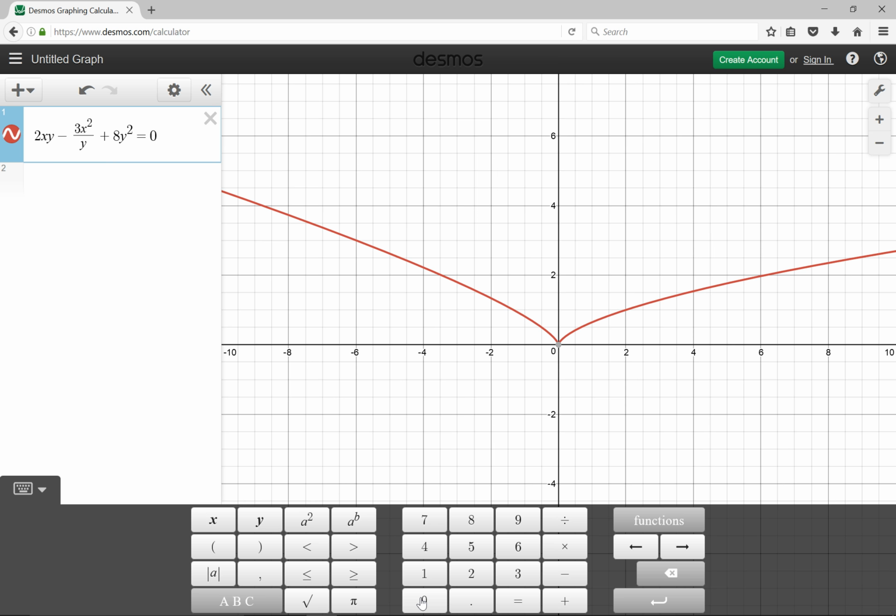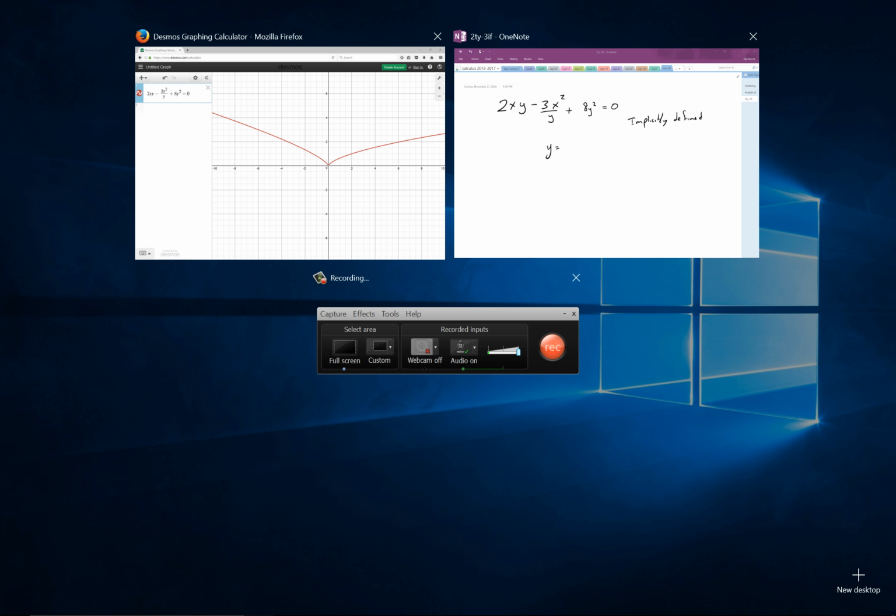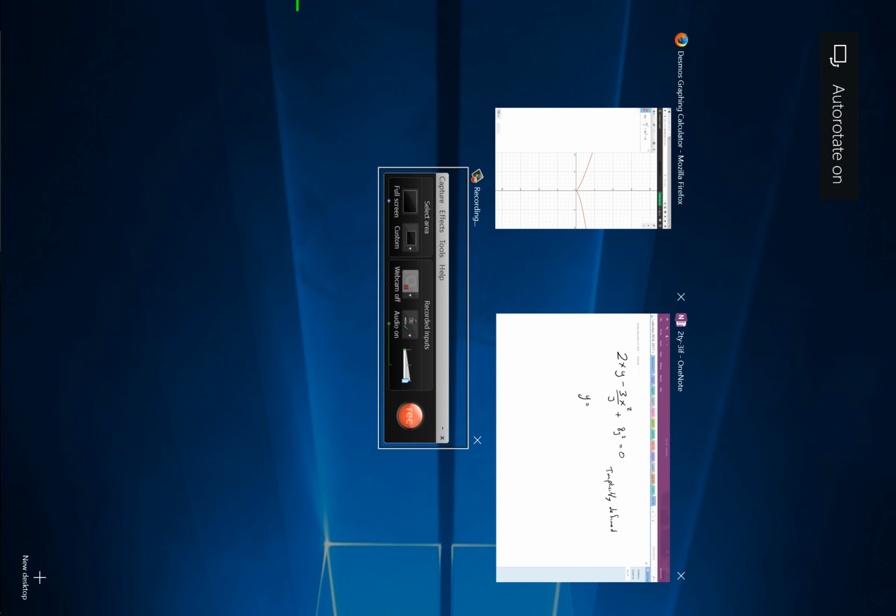Ta-da! Weird. I know, right? Well, what's interesting here is that when we do this problem, we could find the slope. And we could find it at any one of these points. So, for instance, right here, this point sure looks to be really close to right at 2, 1. It is. Yay! By the way, that's very unlikely that it'll be that nice, given the nastiness of the problem that I made up.